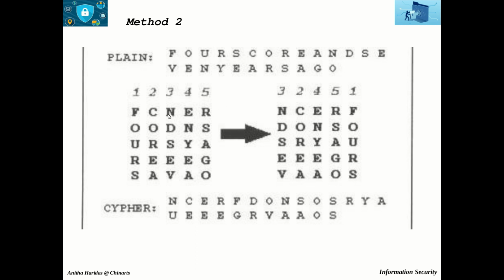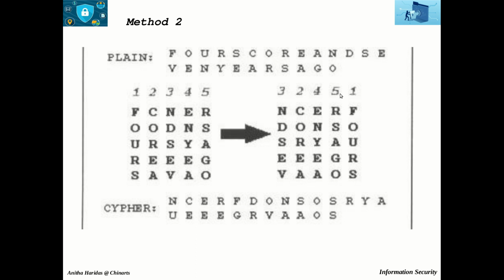So the third column will be written first, then the second column, then the fourth column, then the fifth column, then the first column. So this kind of transposition can also be included. Instead of writing simply the row by row value, the order is also specified as a key, and then they are writing as per the key.